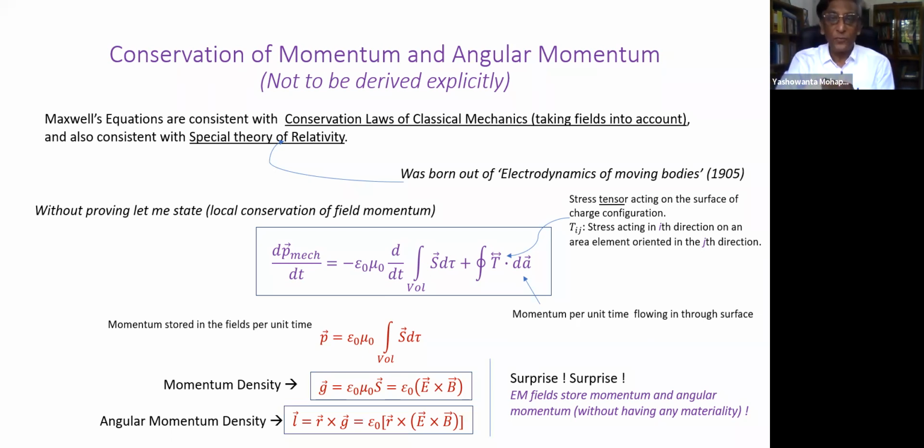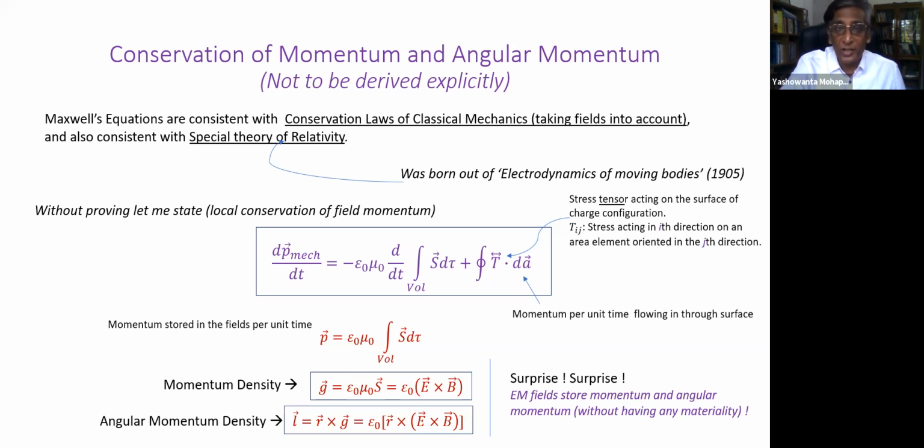When I switched off the magnetic field, an electric field was induced. If the wheel is free to move, it will now start rotating, which means it picks up angular momentum. Now, where does that wheel get angular momentum from? It gets it from the E and B field.